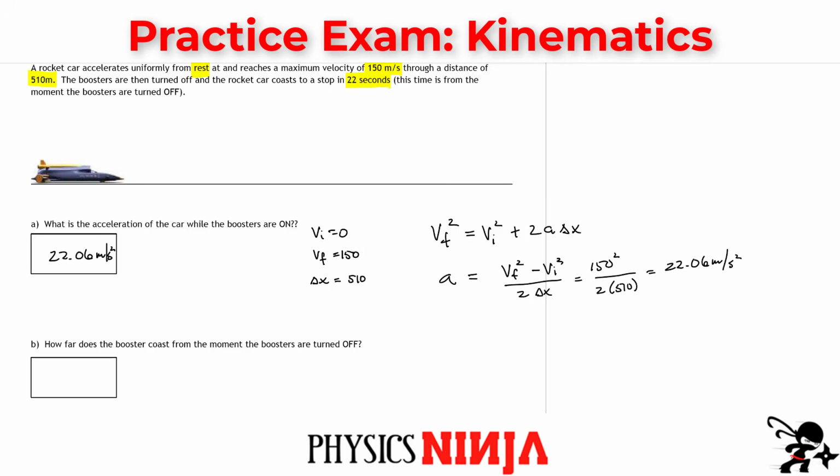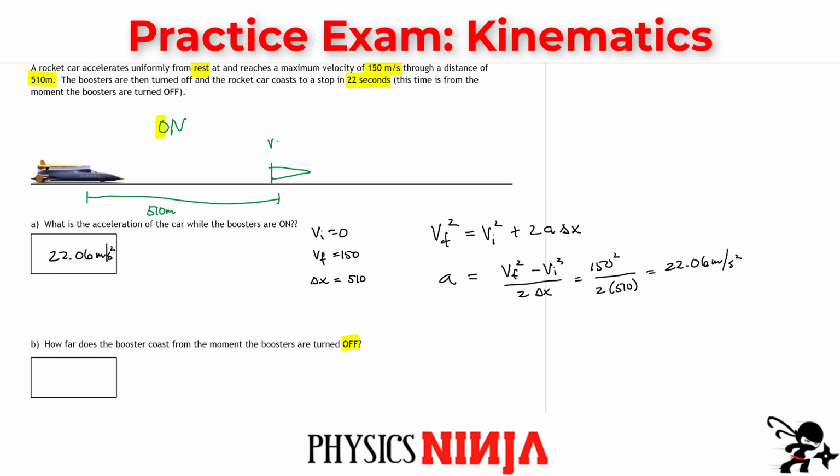Okay, how far does the car coast after the moment the boosters are turned off? You're going pretty fast when the boosters are on. Let's describe this here. When it's on, you've made it all the way to this point. You've made it a distance here of, let's sketch what's going on, 510 meters.